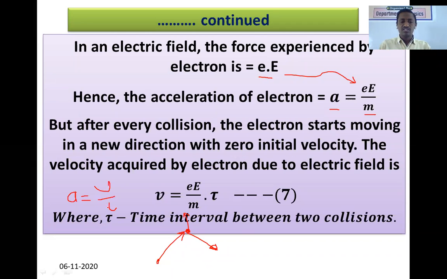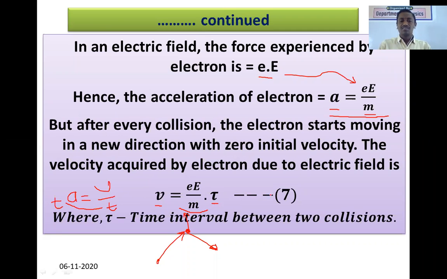Change in velocity with respect to time is called acceleration. So velocity will be the product of time and acceleration. In this case, due to the electric field, this much acceleration is produced in the electron, and hence the velocity acquired by the electron, v, equals the product of this acceleration and the time interval between two collisions, denoted by tau.